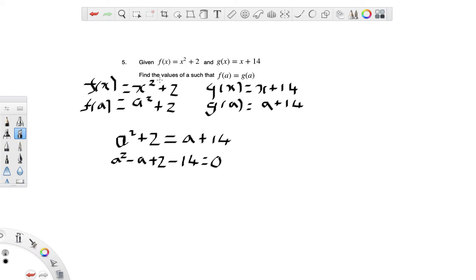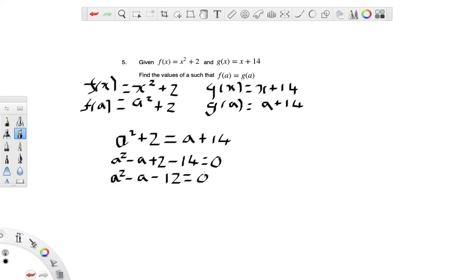And when it says find the values, it's not just a value, it's the values, our quadratic alarm bell starts ringing. If it's quadratic, obviously we know that we can get 2 values. How are we going to get these values? Well, if we tidy this up, we'll get a squared minus a plus 2 minus 14, well, that's minus 12.